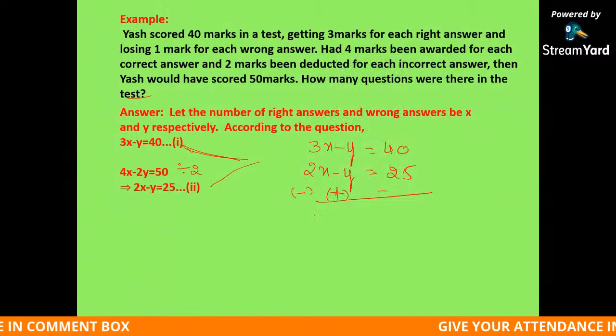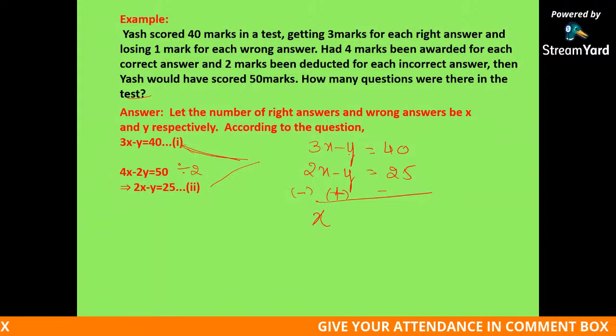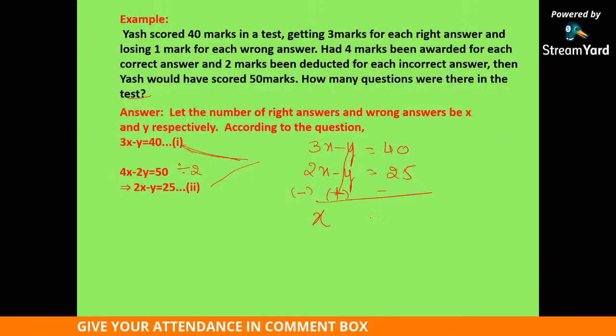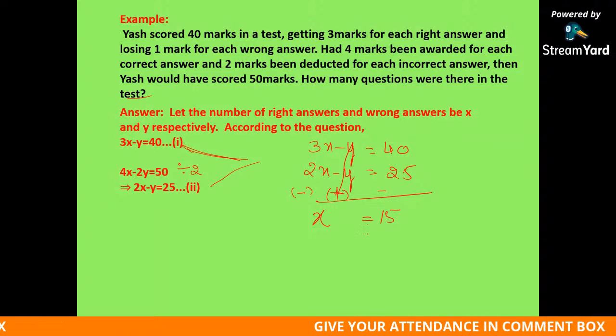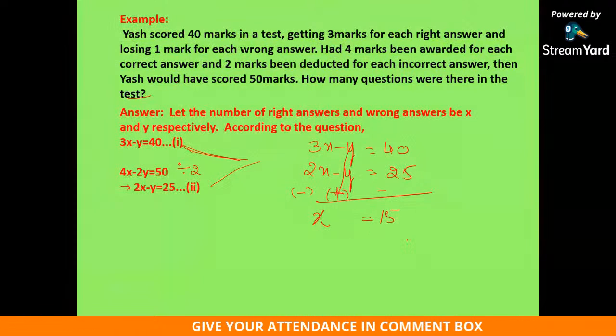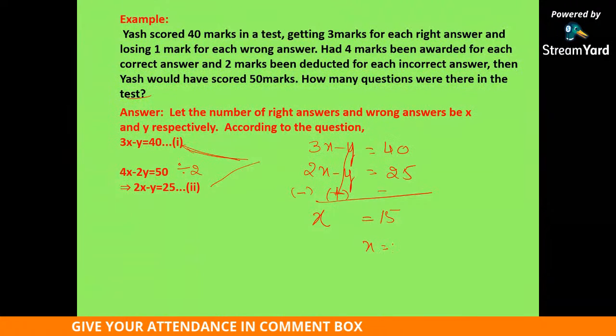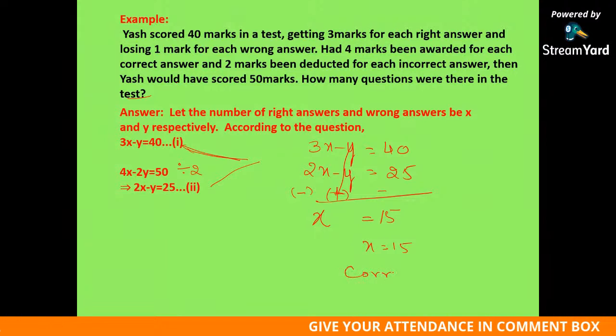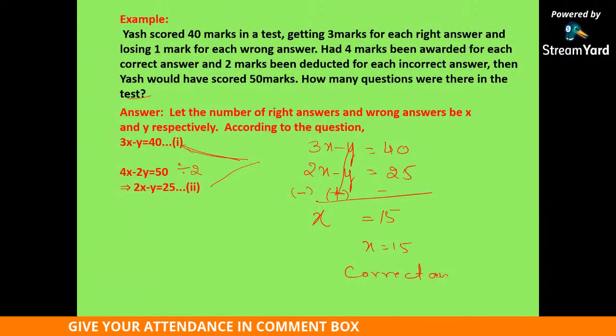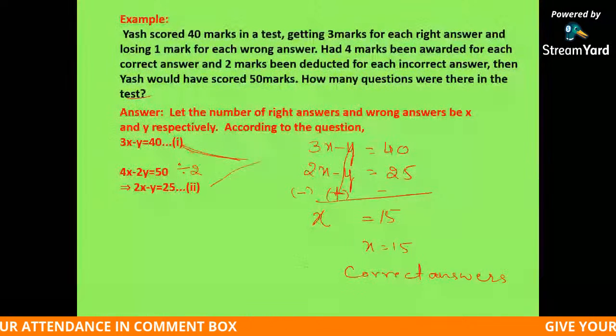Here 3x minus 2x, only x will remain, minus y plus y will get cancelled, is equal to 40 minus 25, which is 15. Here x is equal to 15. Then what do we mean by x here? x means correct answers. Correct answers means what? Number of questions.